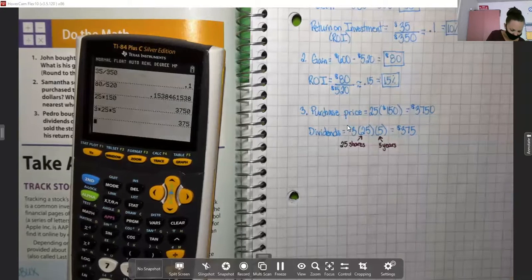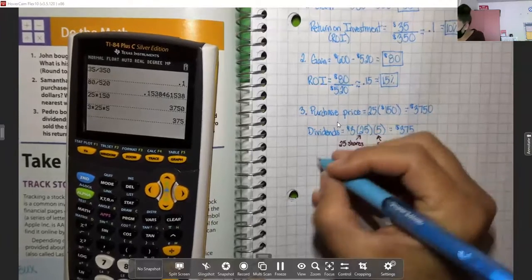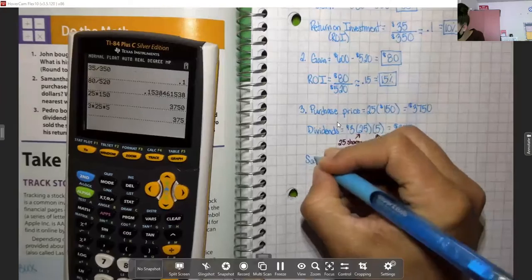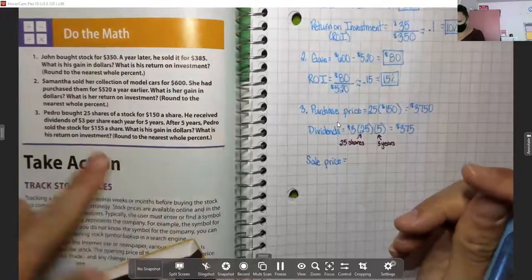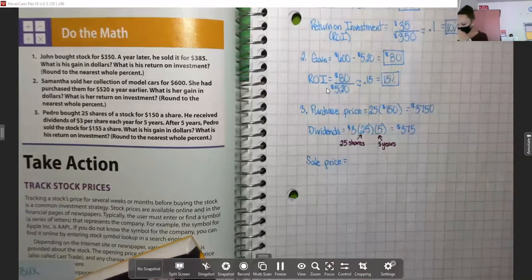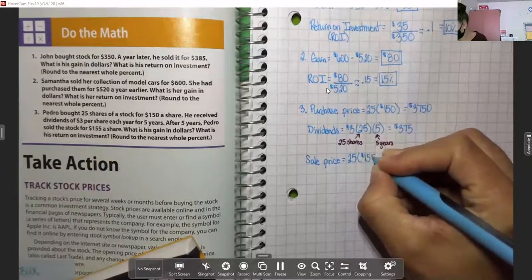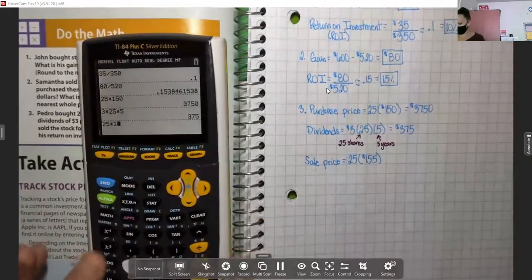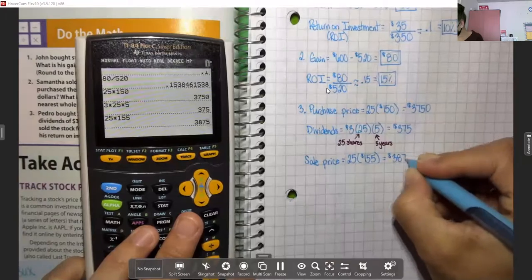And then he also made a profit from selling the stocks. So the sale price: he sold them for $155 a share, and there were 25 shares. So 25 times 155 is $3,875.